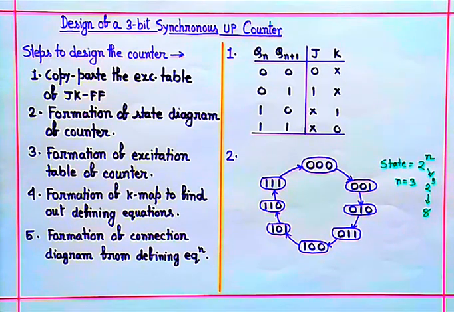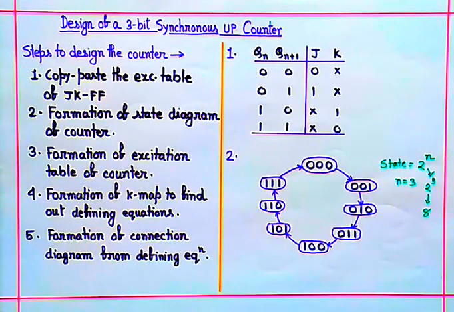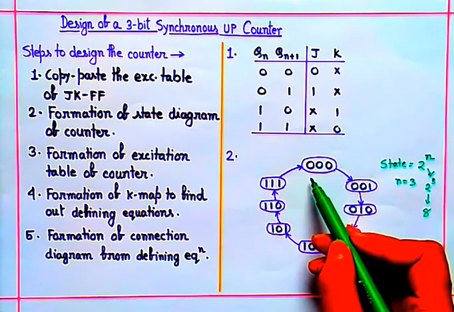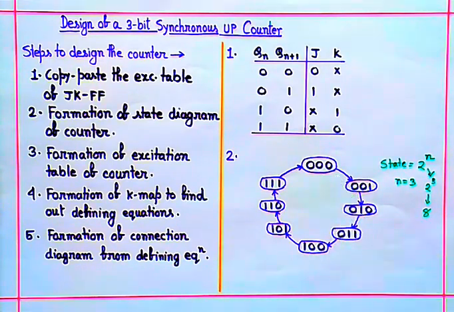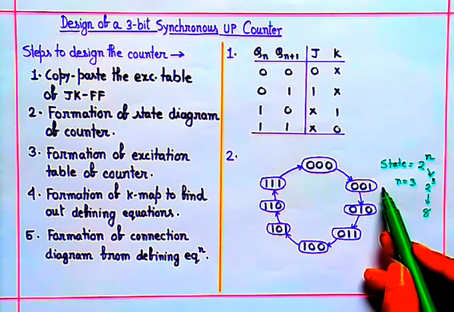Now what is state diagram? State diagram indicates the counter counting direction. You know that it is an up counter. That means the counter will count in forward direction. So first the counter will point to 0, 0, 0. After that it will count 0, 0, 1, in decimal it is 1.